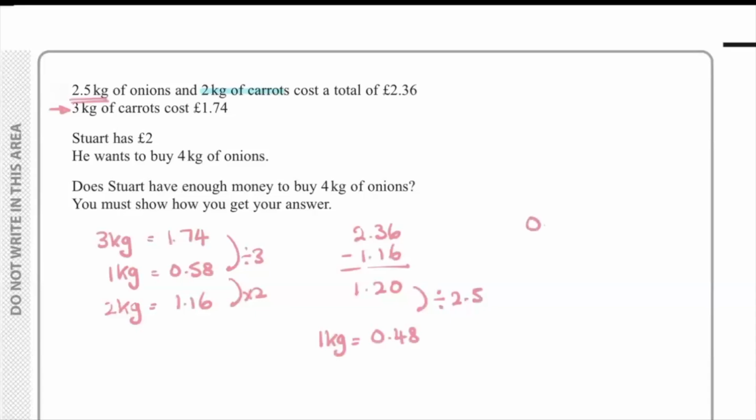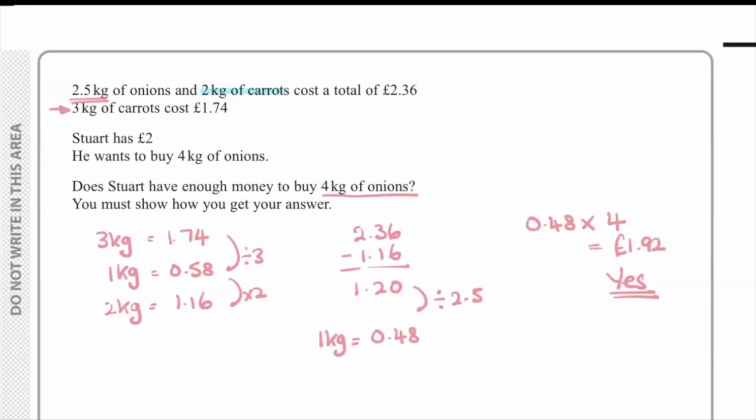I can take that and times it through by 4, because he's going to be buying 4 kilograms of onions. That comes out at £1.92. Does Stuart have enough money? Yes. And make sure you write that, okay? That way you have demonstrated that you understand all the maths that you've done.